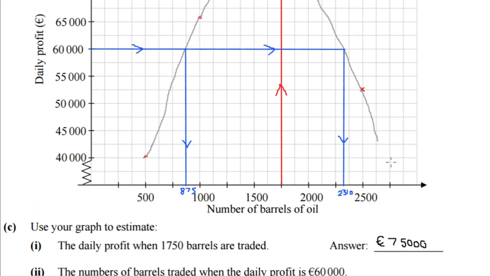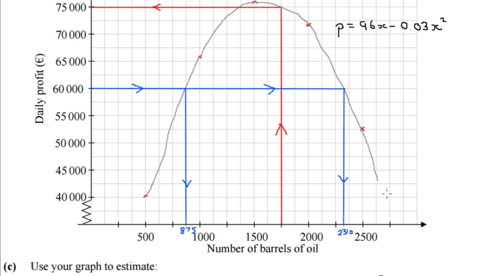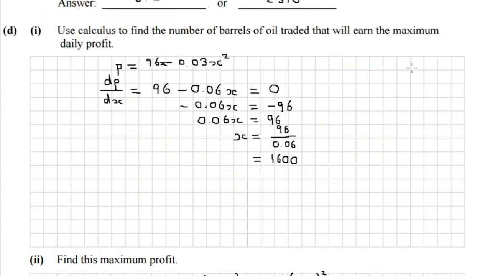So if you go back to the graph here, this would extend down to 0. Now, if the daily profit is 0, he's making no profit. So I'm going to find out what value of x for which that occurs. I'm going to let this function equal 0 and then solve it for x.